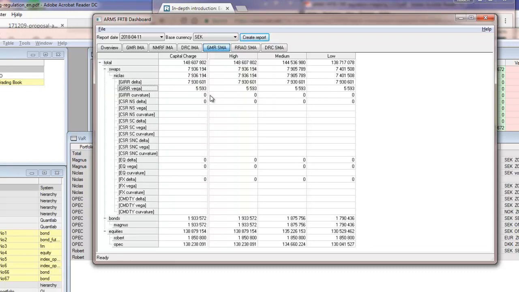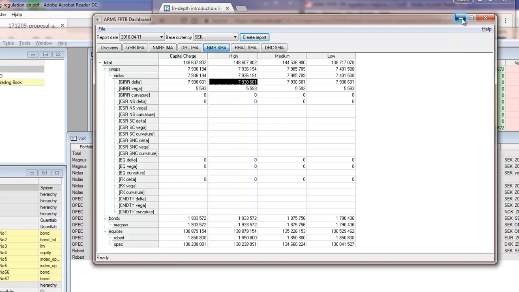So if we want to understand further where we're getting the GIRR delta of 7 million, the risk manager needs to do some analysis. We need to go into a detailed tool for analysis.